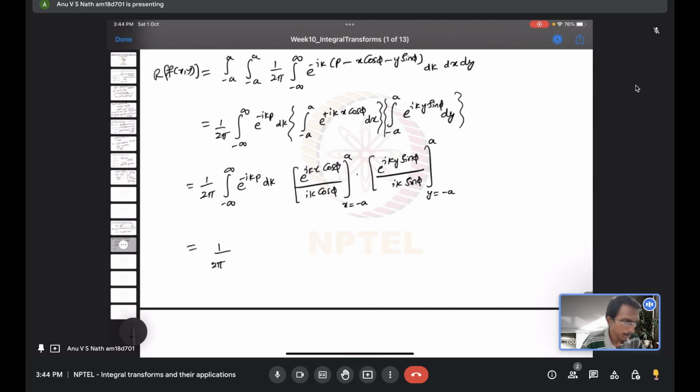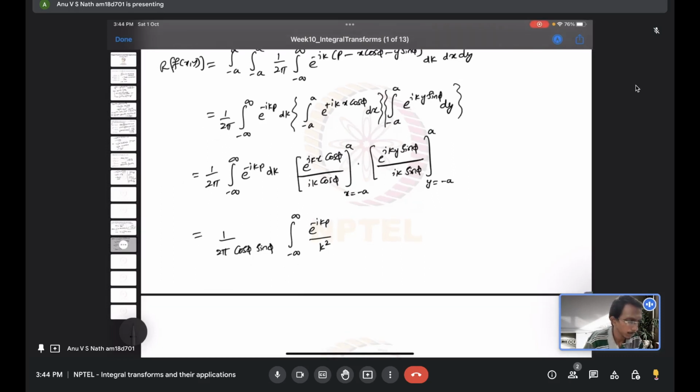Cos phi and sin phi are constants basically, so I will take them outside, along with the expression and e raised to minus ikp. k square is actually not a constant in terms of the integral over k, but it is a constant when we apply the limits for the inner integrals, so I will take that outside.